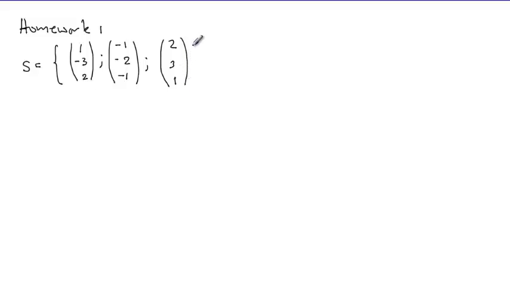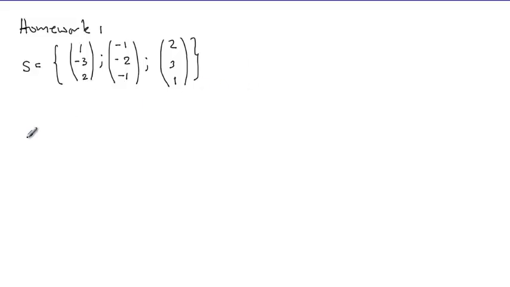And in the case the set is linear dependent, I would encourage you also to check which of the vectors given is a linear combination of the other two. So that's the first set.